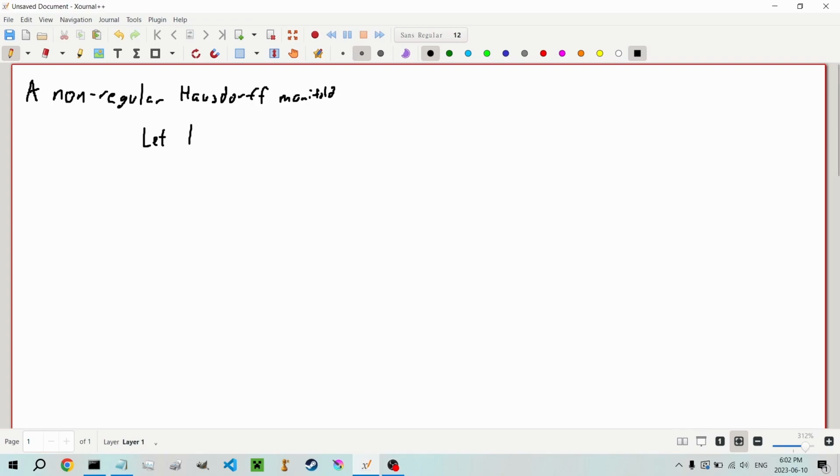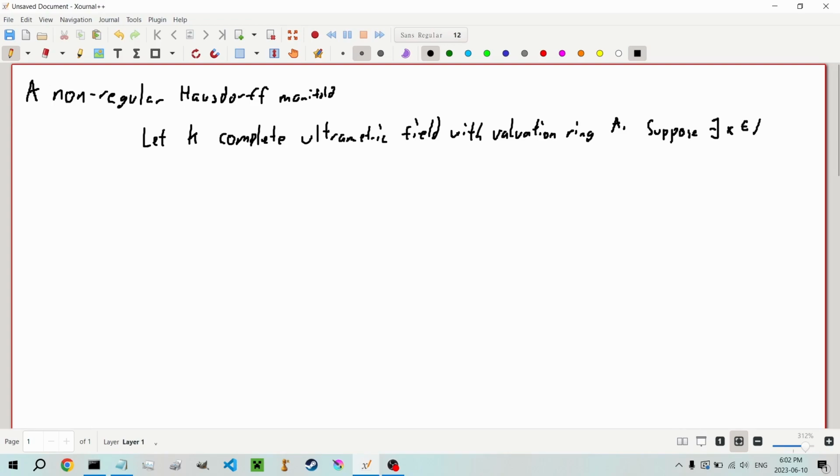So let K be a complete ultrametric field with a valuation ring of A. Suppose we can find an X in A which is non-zero, such that A over X times A is infinite.